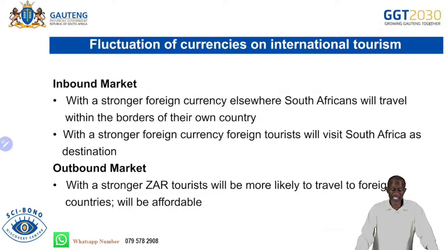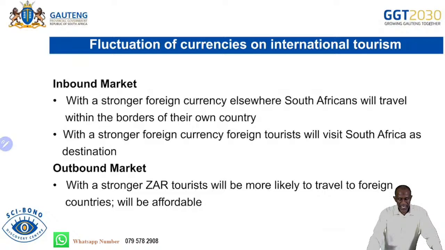Fluctuation of currencies on international tourism, for our inbound market, for people visiting the country. With a stronger foreign currency elsewhere, South Africans will travel within the borders of their own country. So if our exchange rate is weaker, then we are bound to travel within our own country, because if the foreign currency is stronger than that of South Africa, that foreign country is regarded as an expensive destination.